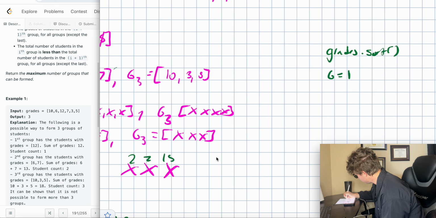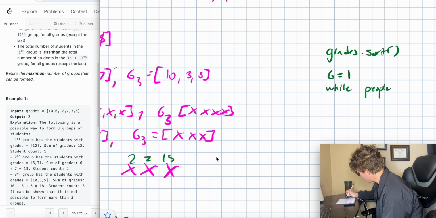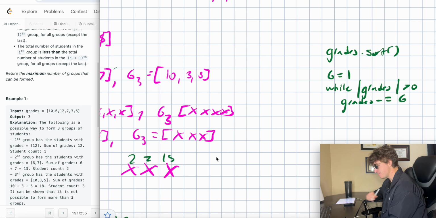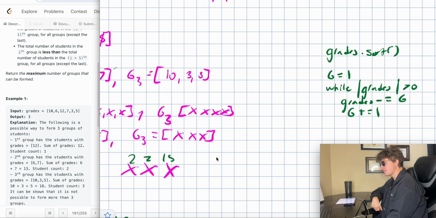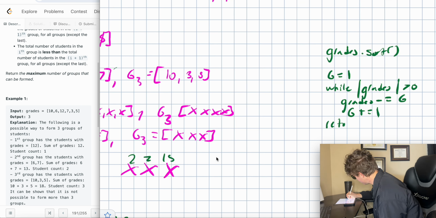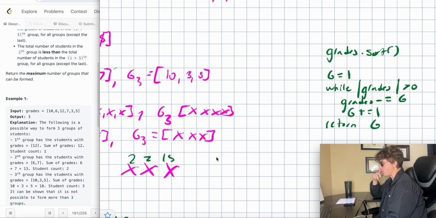And while there's still grades available, so let's say the length of grades is greater than 0, we'd say grades minus equal group. All right. And then we'd say, okay, now we have another group of a larger size. And then we return the number of groups that we were able to make.